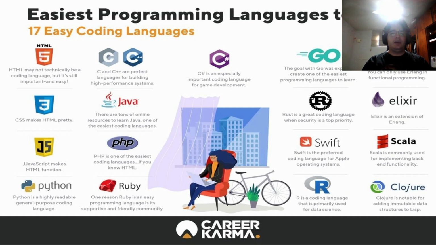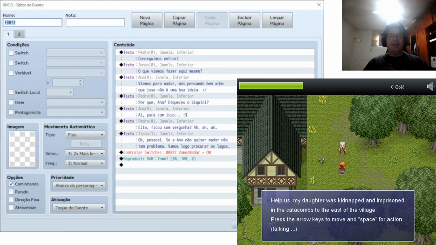Which is the best one? It depends on what you want to do. For example, the first programming language that I used was JavaScript. I wanted to make games when I was young. So to create my RPG games, I learned alone a little about JavaScript, and then I created some RPG games using the famous software RPG Maker.